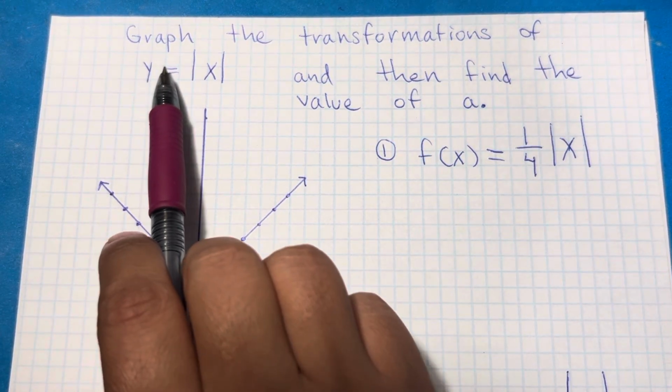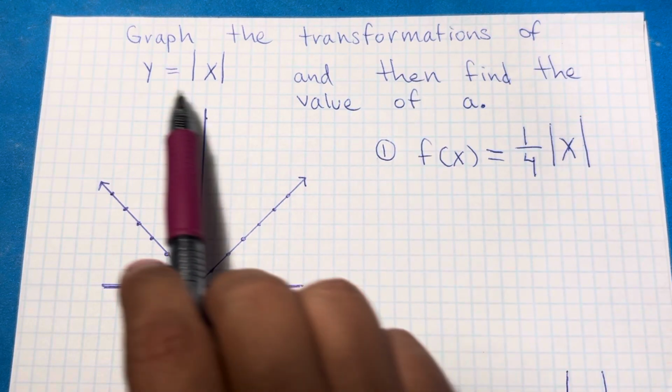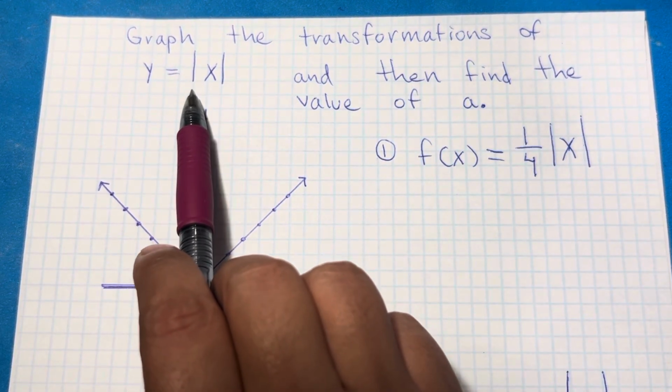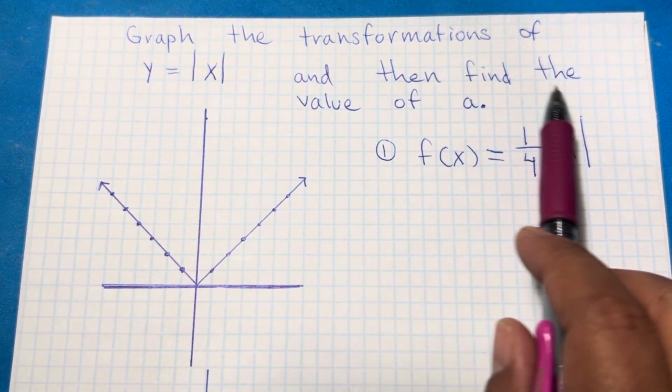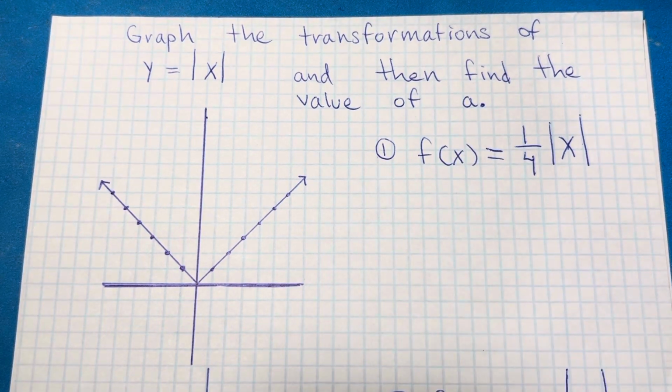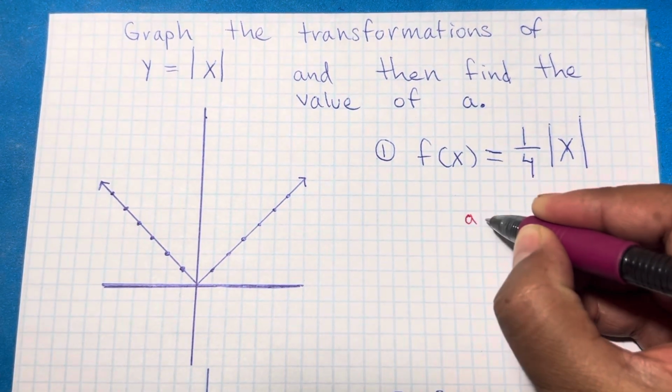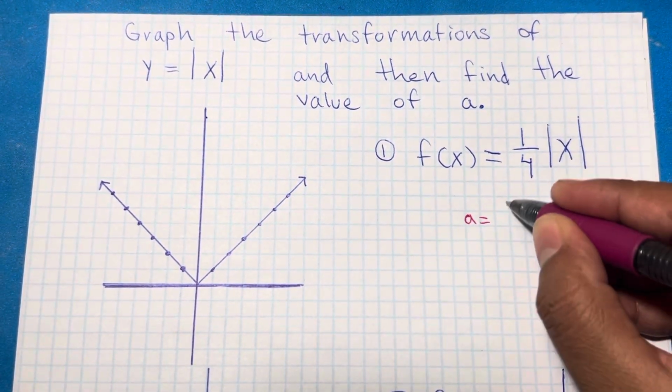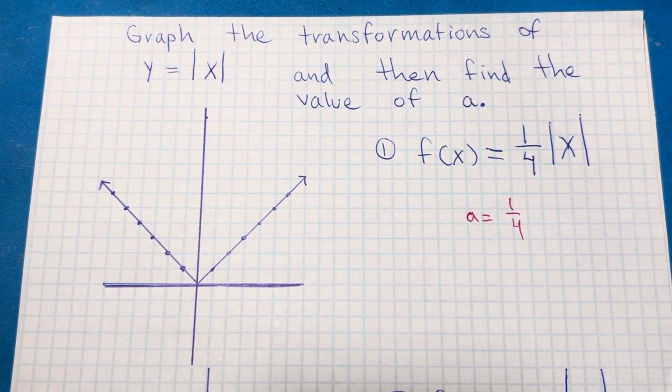Here it says, graph the transformation of y equals absolute value of x, and then find the value of a. So we can say that a here is 1/4. Therefore, because it's between 0 and 1, this will be shrinking.